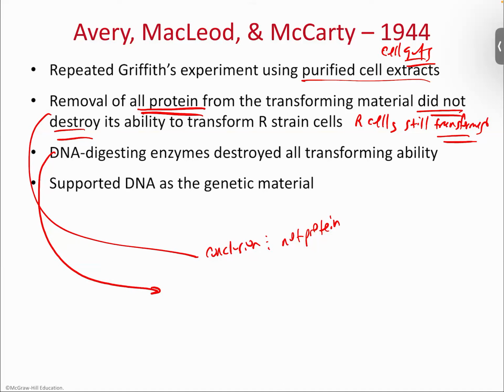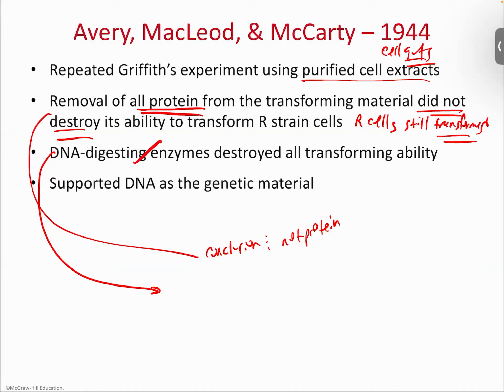So the idea is this: if it's DNA, those if-then statements, that's a prediction we're making here, right? If the inheritance particle is DNA, then when I chop it all up into little itty bitty pieces, then that genetic information should be gone. True? Okay, so what did they do?